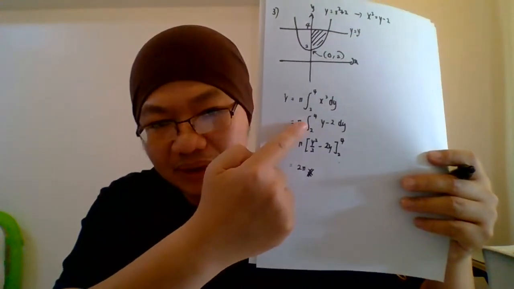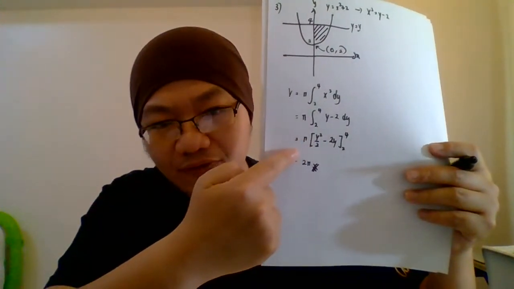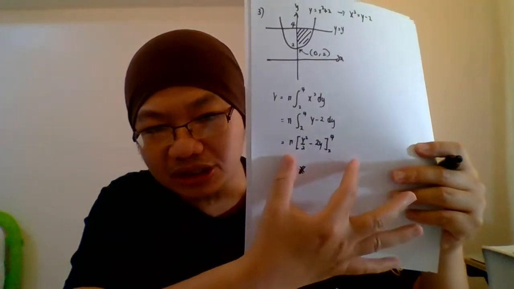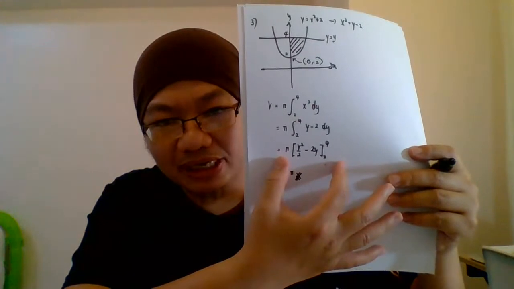So this is the first step here. This is after you integrate. And then I left one step here, which is you need to substitute 4 and substitute 2 into the equation, then you get the final answer. Okay, one more step you need to write down here.